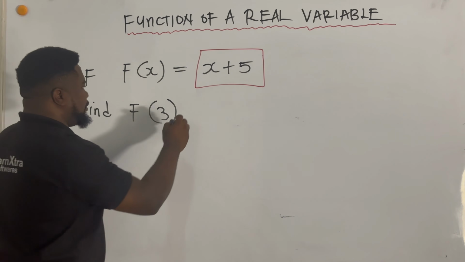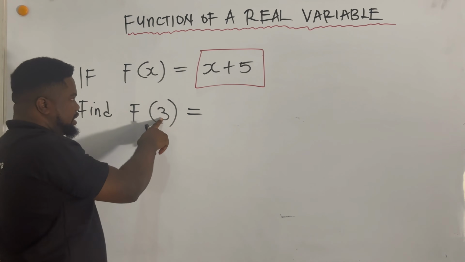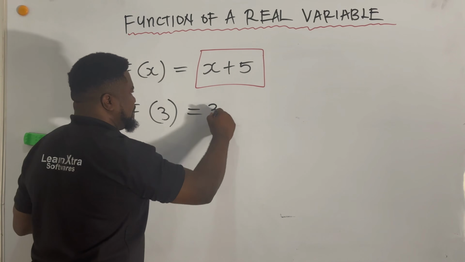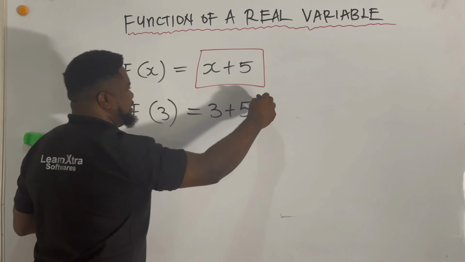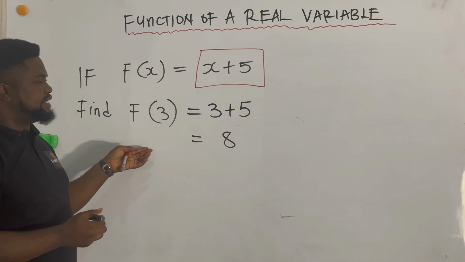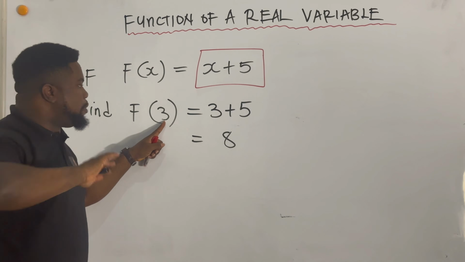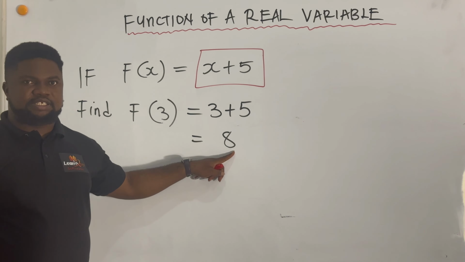Therefore, f of 3 will be that x is what? 3. That will be 3 plus 5. And that is 8. So in this case, my input is 3 and my output is 8.